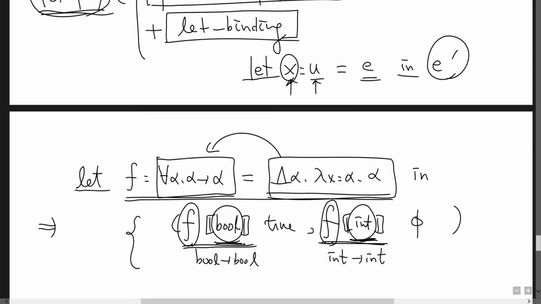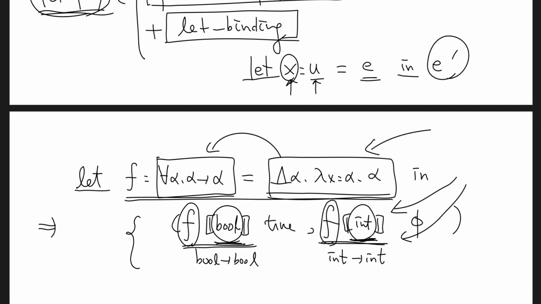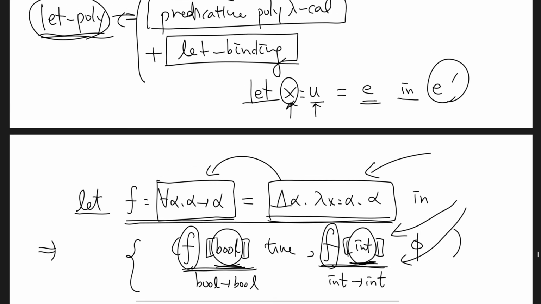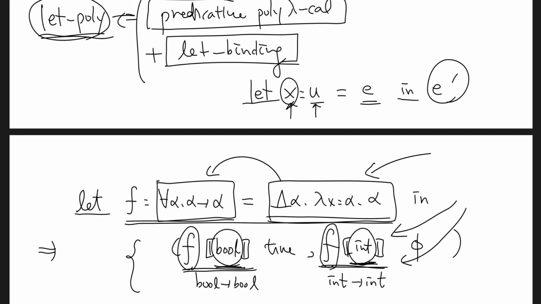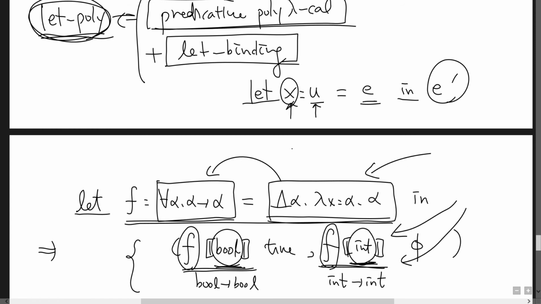To summarize, we define a polymorphic function and apply this polymorphic function really polymorphically, so that we achieve what we really want in practical programming languages. So that's basically the key idea in let polymorphism, which is an extension of predicative polymorphic lambda calculus with this let binding.